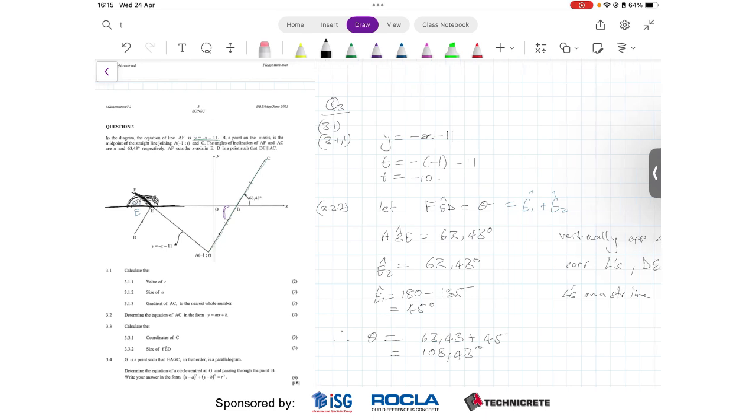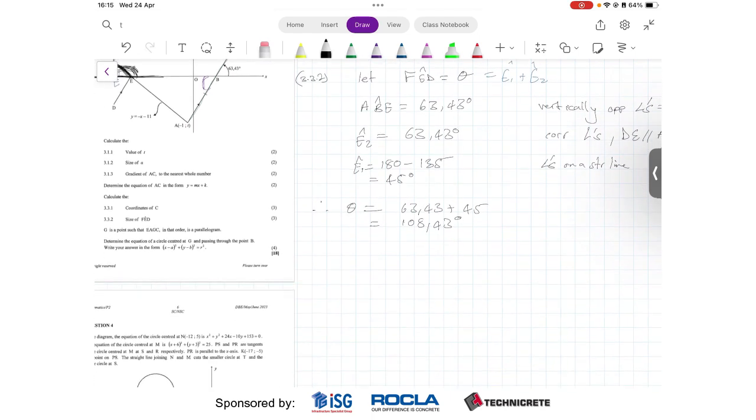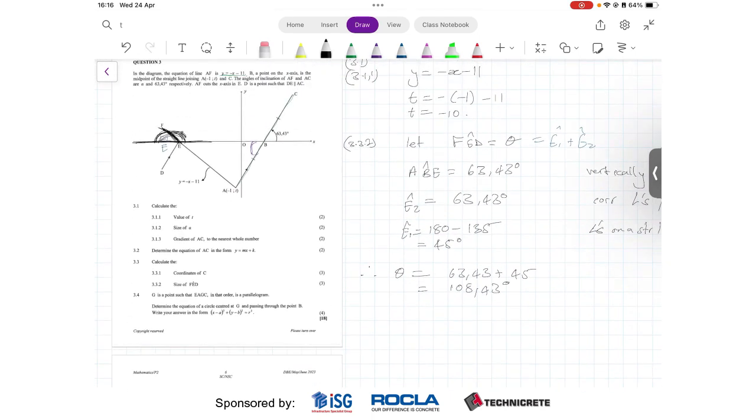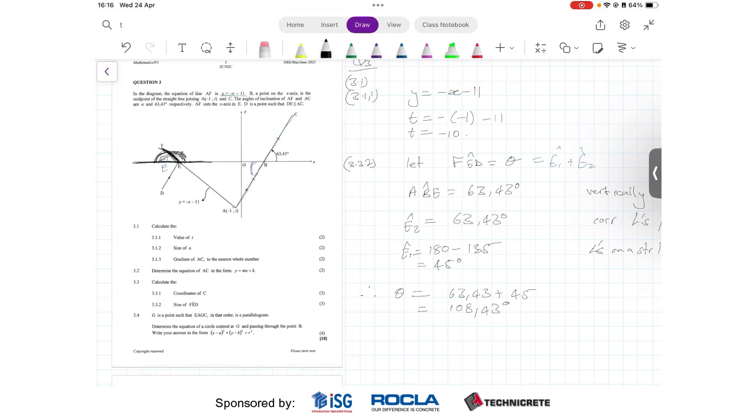Okay, another way you could have looked at this question is if you looked at angle ABE and compared it with angle DEO.